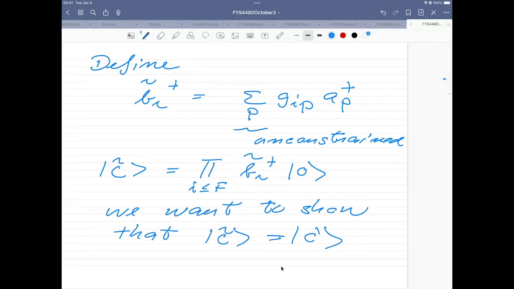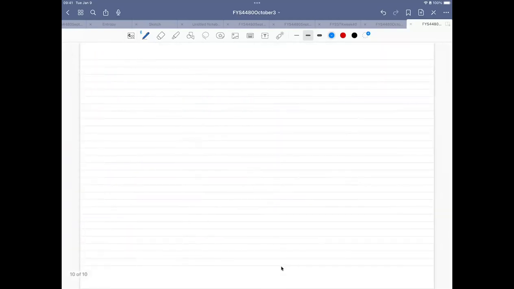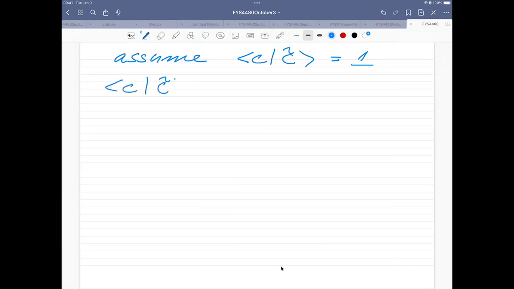So what we are going to do now, we are going to assume that when we take the overlap between C and C tilde, that this is going to be normalized to 1. So if I now calculate this overlap of C with C tilde, what I have is the following.